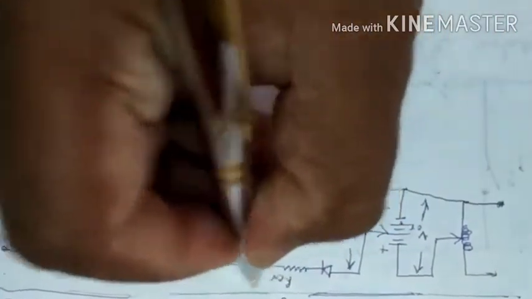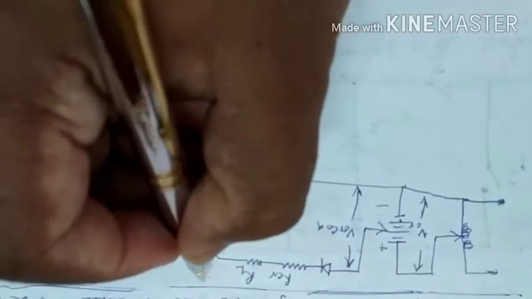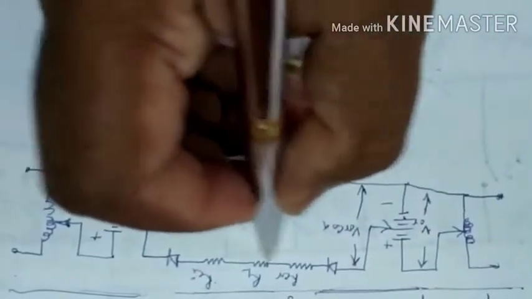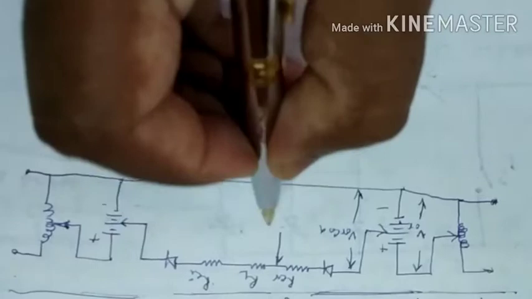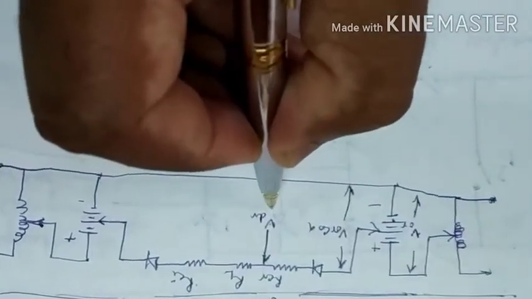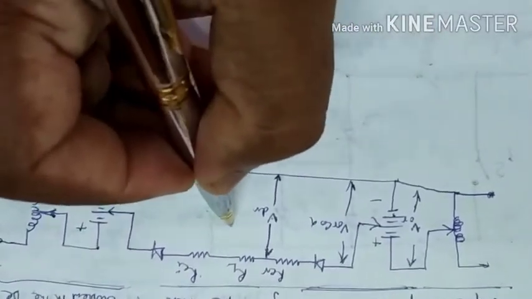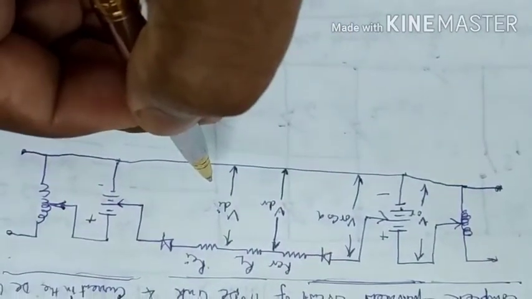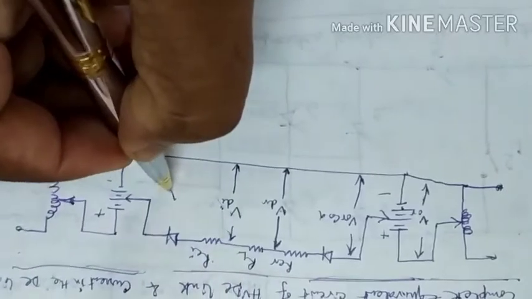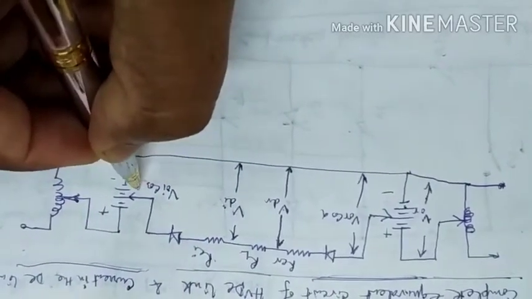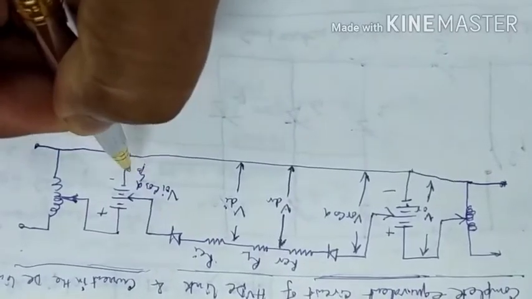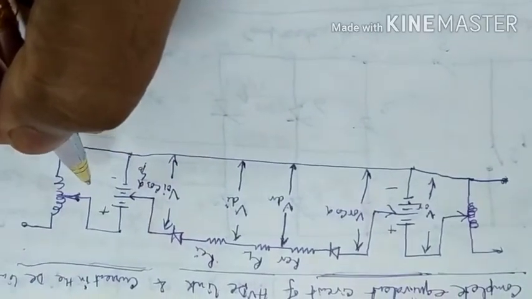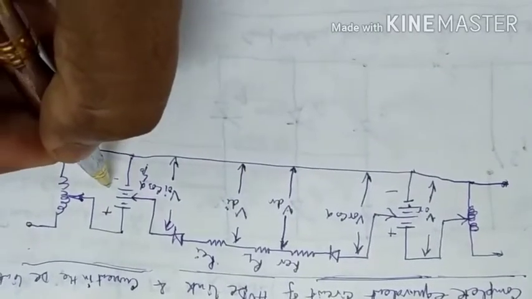That is RCR, RL and RCI, and that voltage is VDR, that is VDI, and that is VOI cos alpha and beta, and that is VOI.